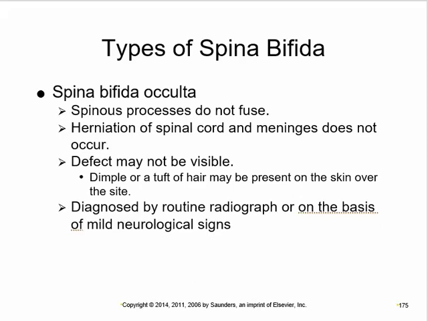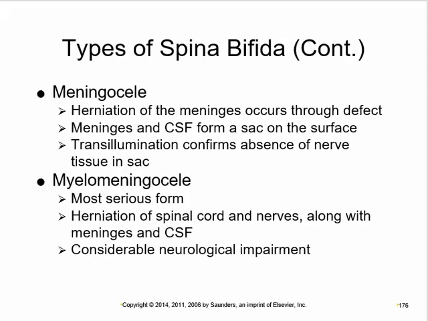If it's almost touching and not fused, it probably has zero clinical significance. If the meninges herniate out, we call it a spina bifida meningocele. What happens is the cerebrospinal fluid that's in the meninges, in the arachnoid, will push the dura mater and the arachnoid out of the space and form a little sac.